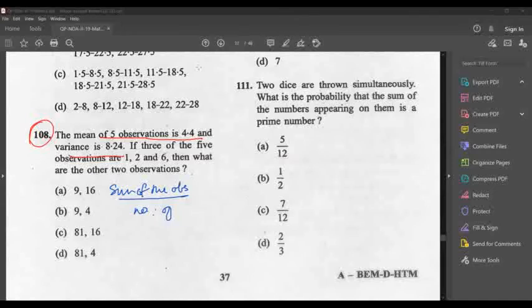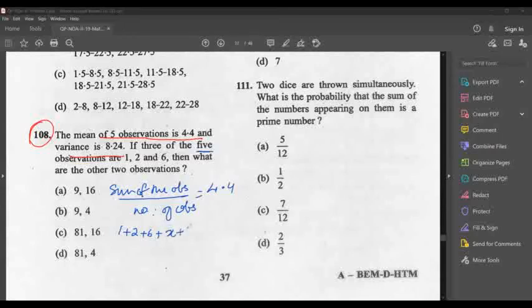So that is given as 4.4. The sum we don't know. They have already given 3 terms, 1 plus 2 plus 6, and 2 terms we don't know because there are totally 5 observations. So 2 observations we don't know. That is what we have to find out.